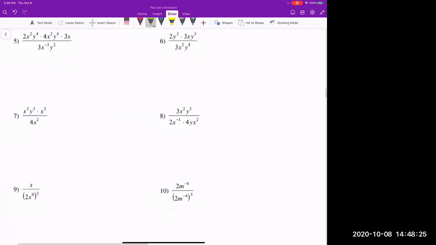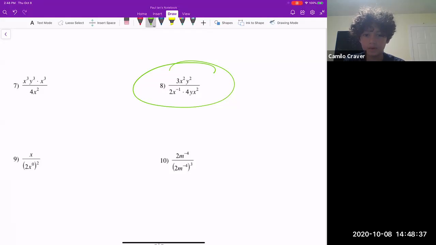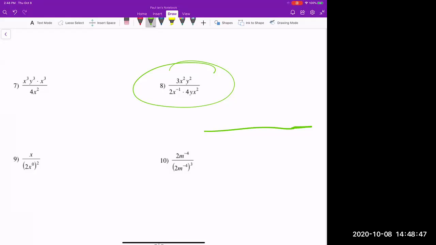Okay, let's take a look at this guy. What do you do first with the numbers? Put the 2x with the exponent on the top. Okay, you could do that first.